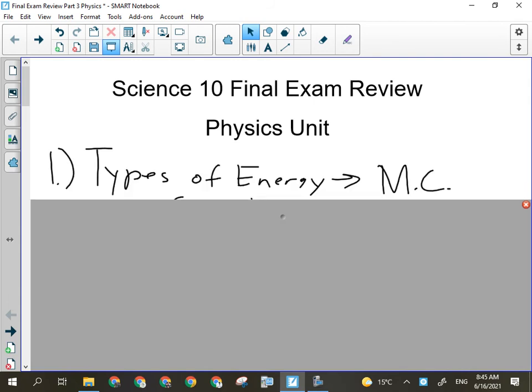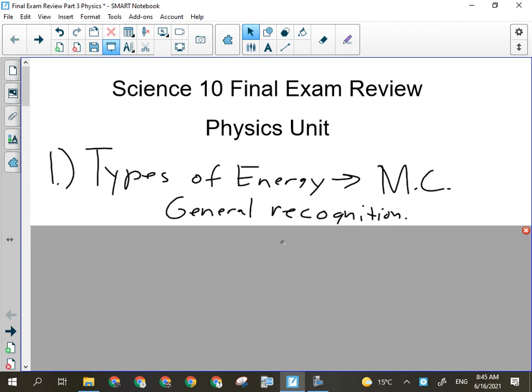The first thing we specifically talked about in this unit was types of energy. That will be in the multiple choice. You had an example of this on your unit exam.